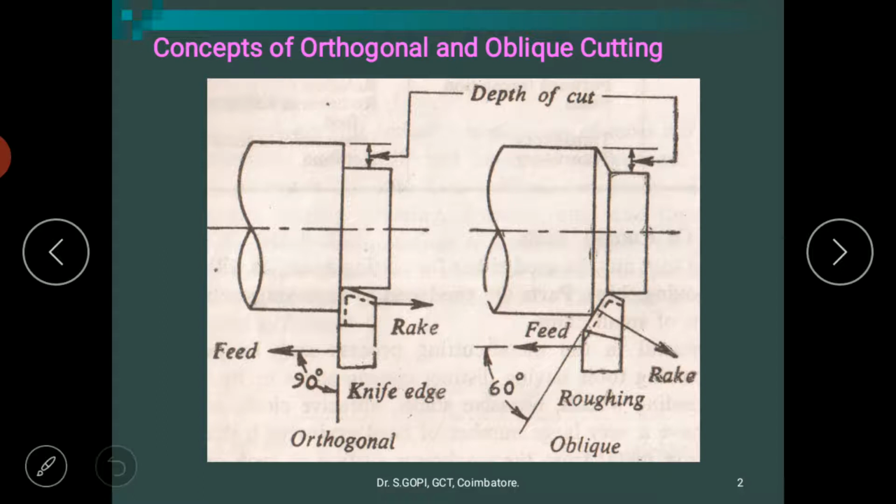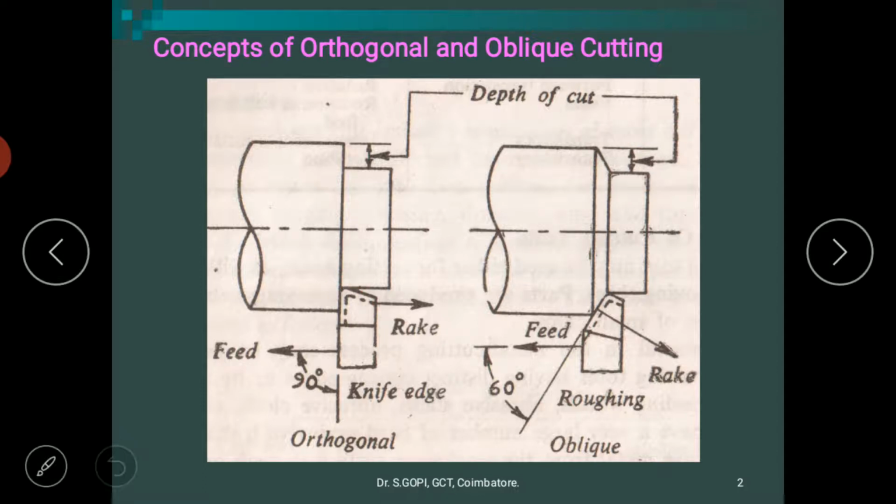In orthogonal cutting, the contact of the cutting edge with the work material is very small. In oblique cutting, the contact of the cutting edge with the work material is comparatively very high.